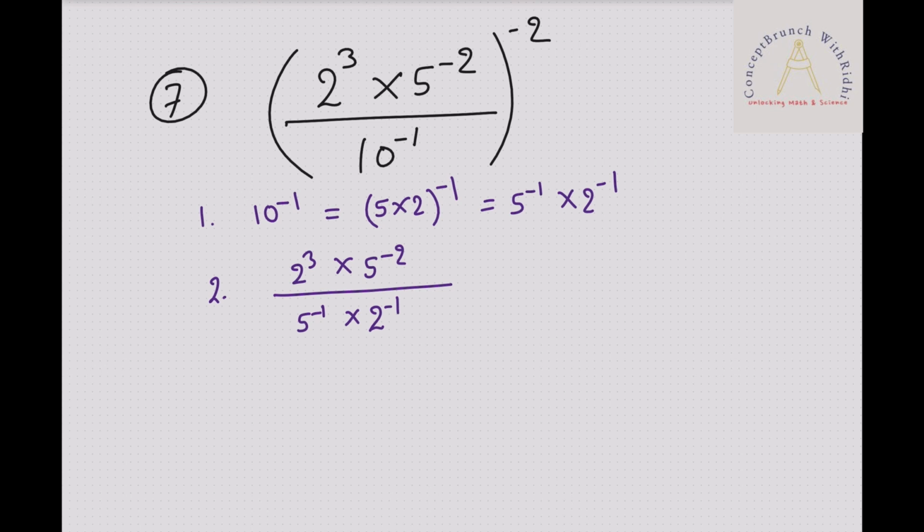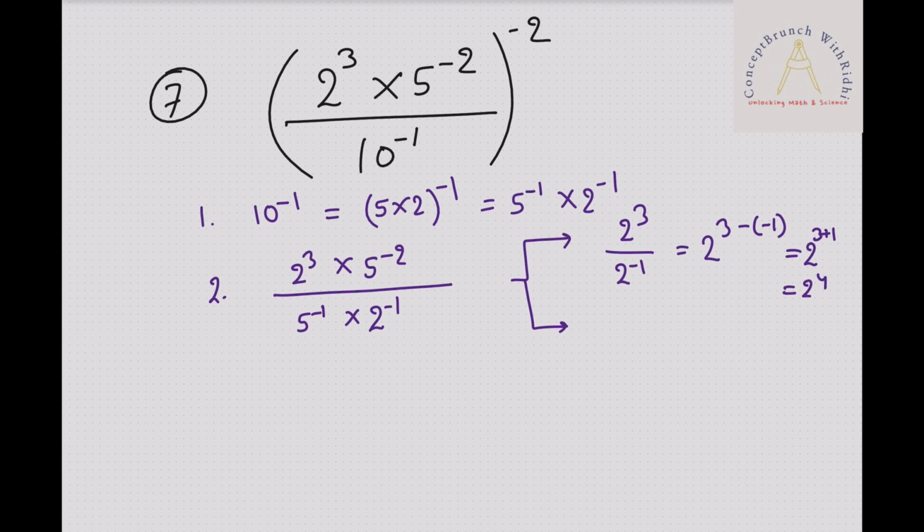For example, for the base 2, we can write 2 cube divided by 2 to the power -1. We can write 2 to the power 3 minus -1. You have to be careful here, okay? So it will be simply 2 to the power 3 plus 1, that is 2 to the power 4.